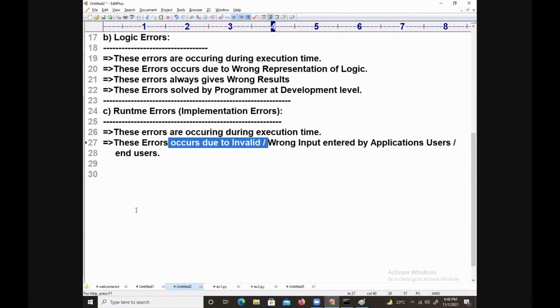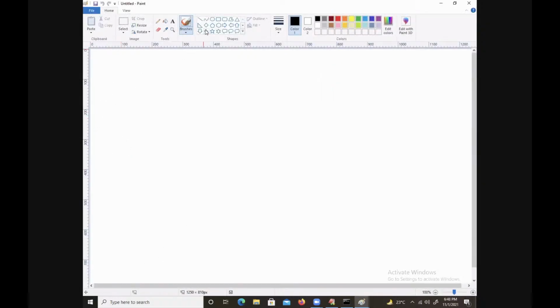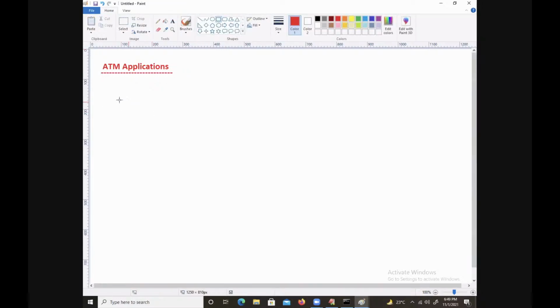Take one example directly. Go to an ATM application. Think like you are a programmer and somebody else is using that application. Keep your concentration. ATM application you are developing, for example. It is designed so perfectly.